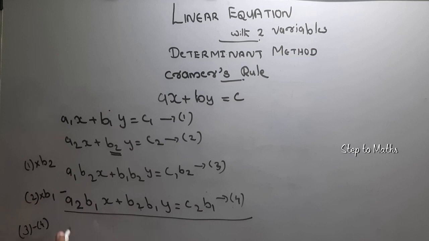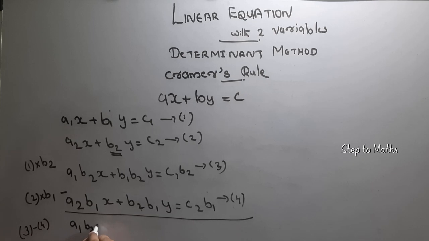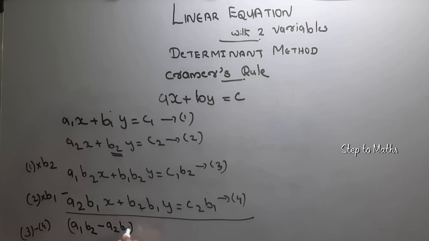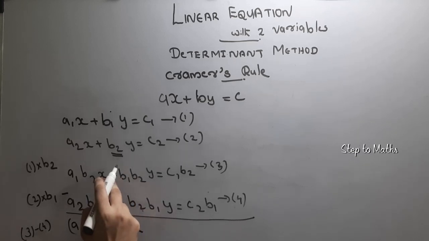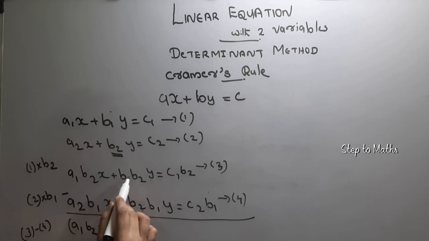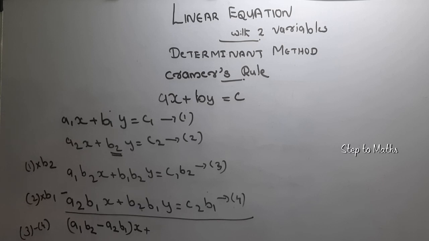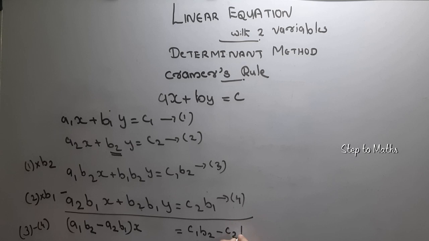Here x is common, so we can write a1 b2 minus a2 b1 times x, plus b1 b2 y minus b1 b2 y. This cancels, that is, we equate the coefficients of y, equal to c1 b2 minus c2 b1.